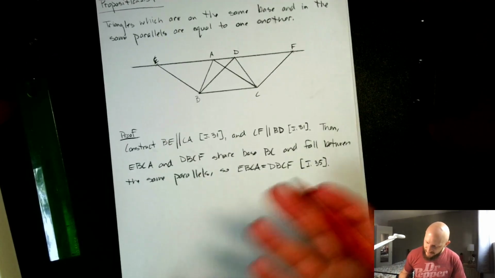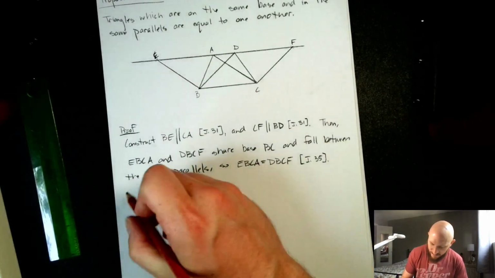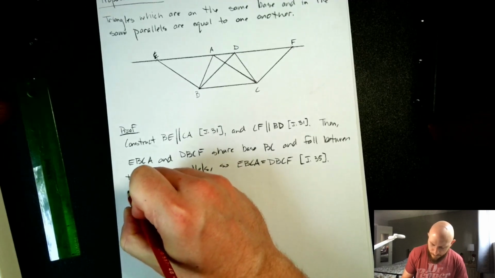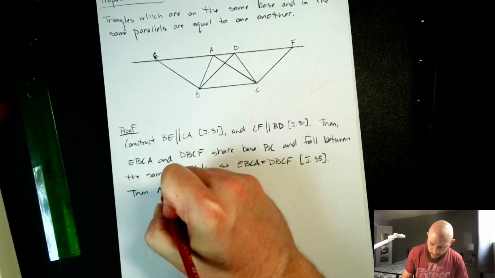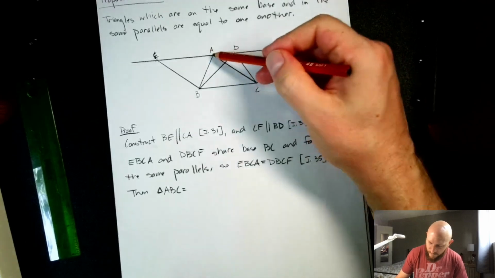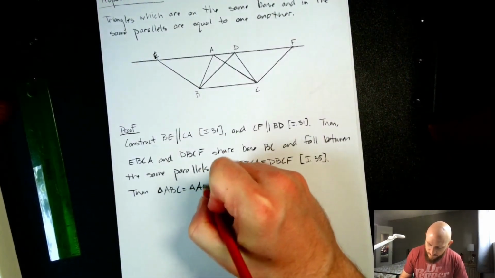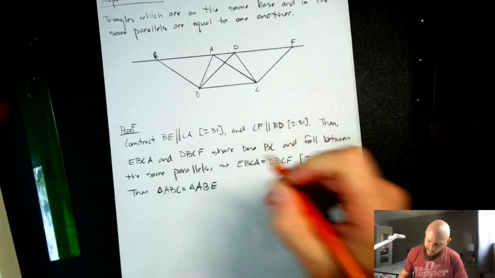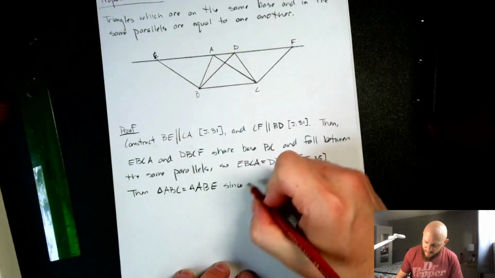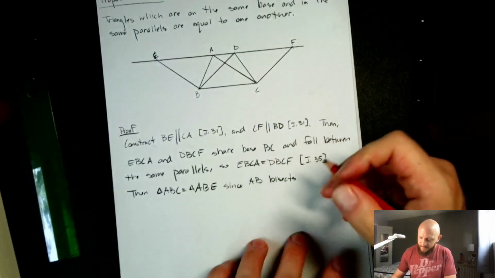So the way I kind of want to write it, looking ahead to where the logic is going, is I might say something like, then triangle ABC is equal to triangle ABE, since AB bisects EBCA.